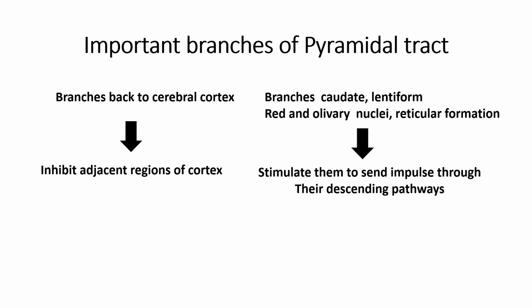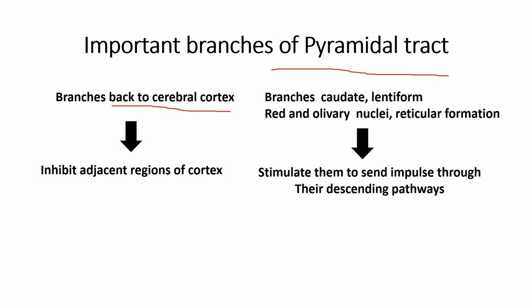Coming to the branches of the pyramidal tract, this is an area which is almost not discussed, but it's very relevant. So we all think that when the stimulus originates from the motor cortex which controls the hand, your hand moves. It's not just like that. The pyramidal tract gives branches back to the cerebral cortex. Why is it important?